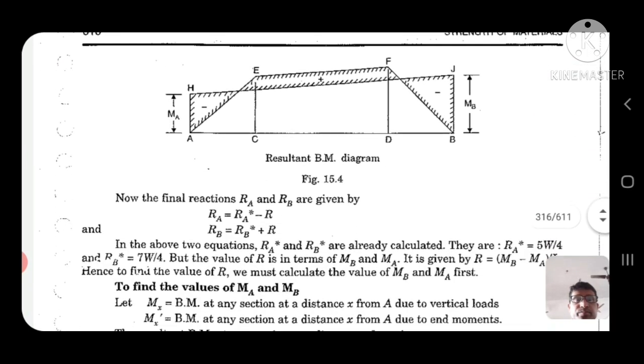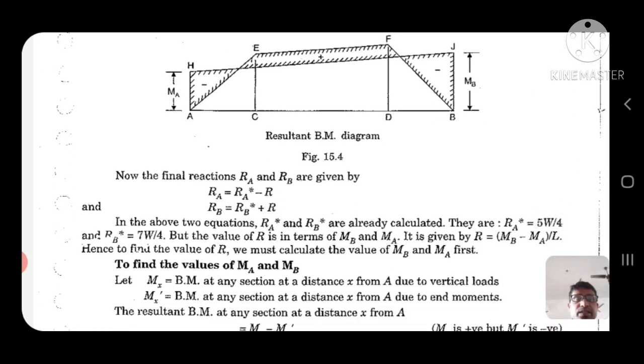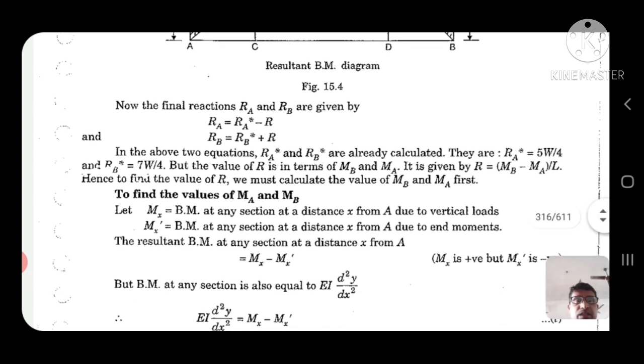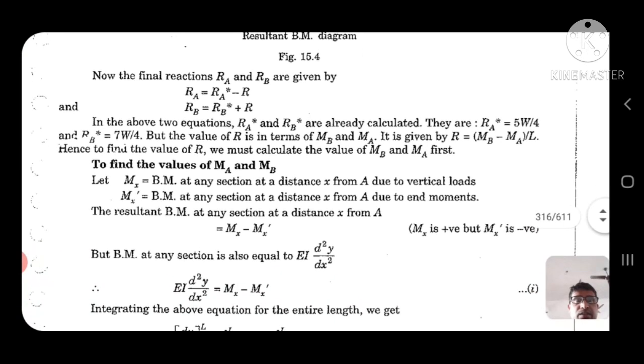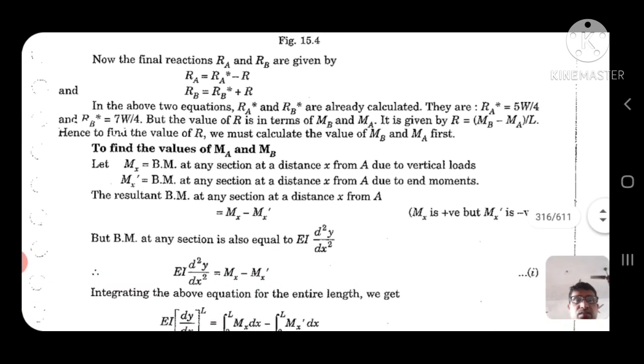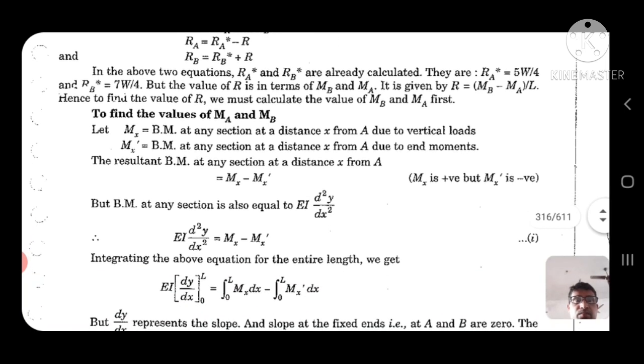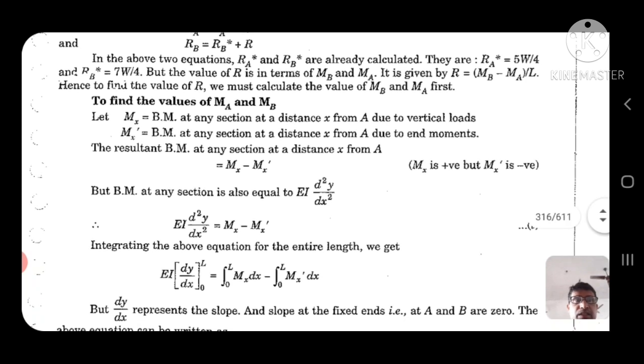Now the final reactions RA and RB are given by RA is equal to RA star minus R, RB is equal to RB star plus R. In these two equations, RA star and RB star are already calculated. RA star is equal to 5W by 4, RB star is equal to 7W by 4. The value of R in terms of MB and MA is R equals MB minus MA by L.